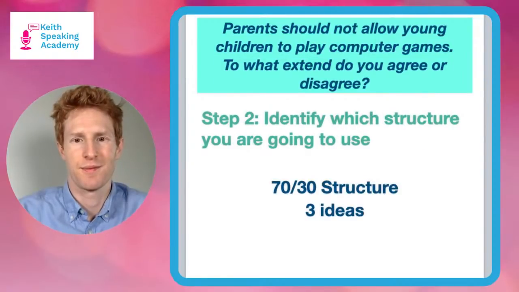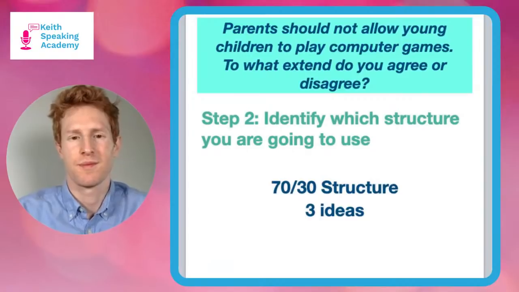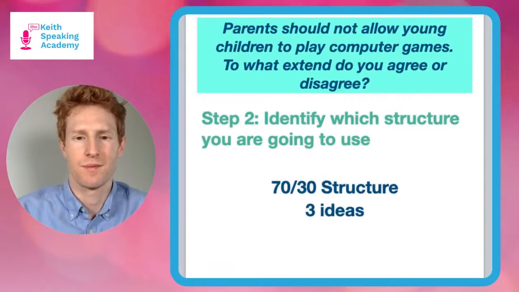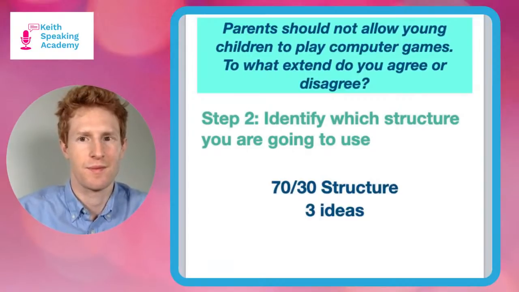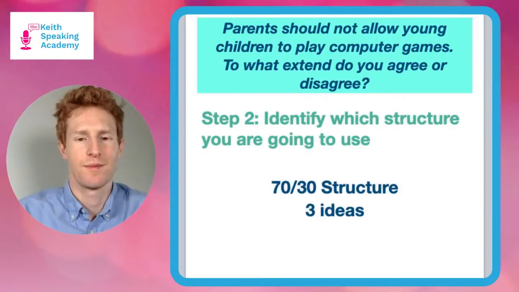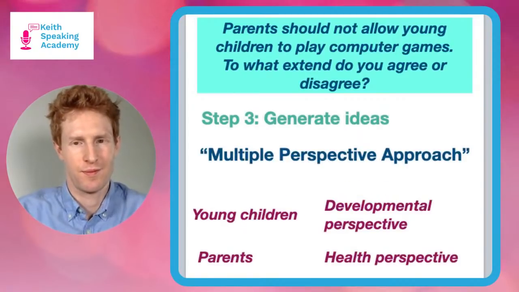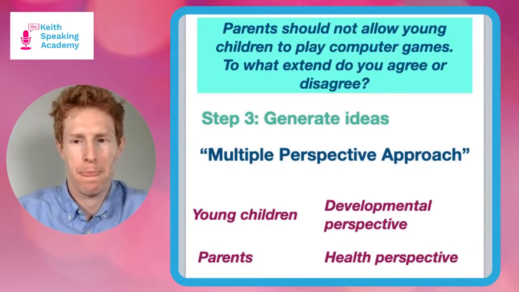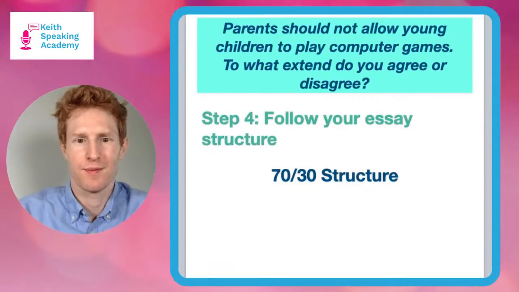Step 2 was to identify the structure you're going to use. And we've talked about the 70-30 structure and how you could have 3 ideas, 2 on one side in favor and 1 on the other side against, if you like. We've developed the multi-perspective approach, step 3, generating ideas. And we're going to move on to step 4.